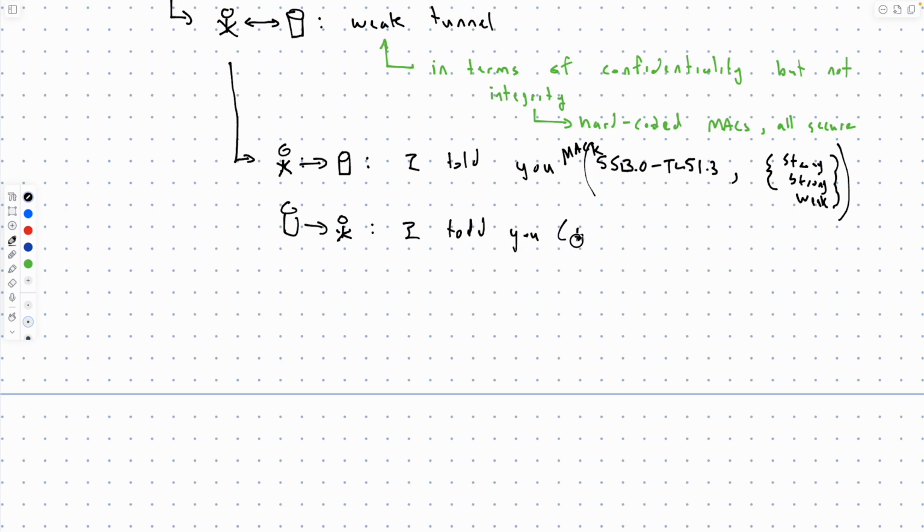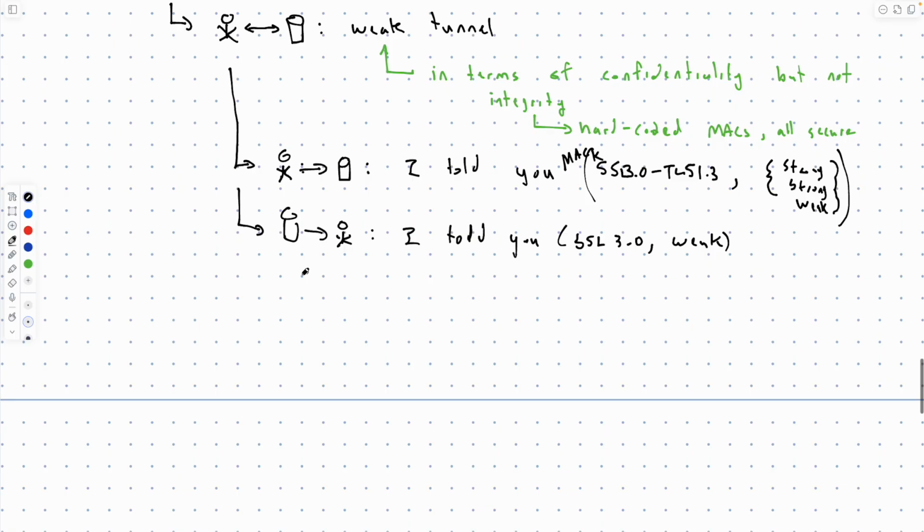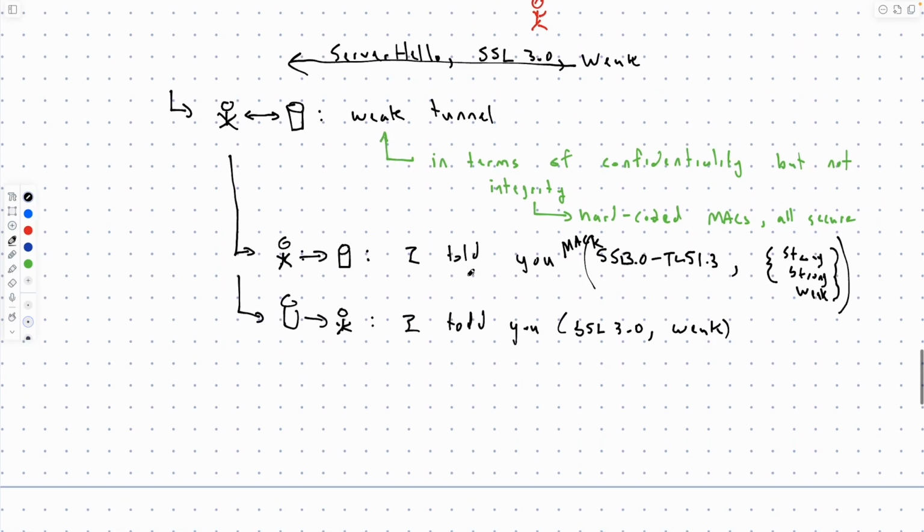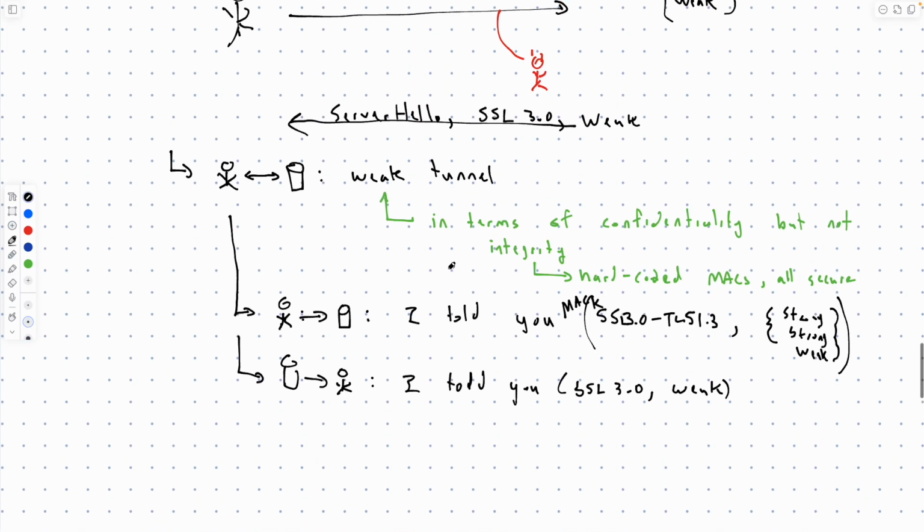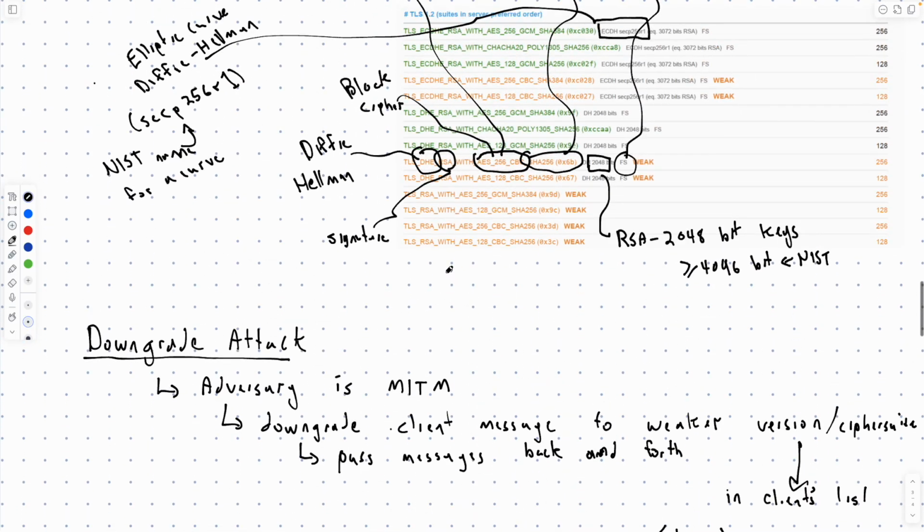I told you that we're doing SSL 3.0 and we're doing weak or whatever. And the client might say, oh, that's weird. That's not what I heard from it. So it won't accept that. One of the two won't accept it, but they won't realize it until the end, until after the tunnel's done being set up. Every time? Yeah, every time.